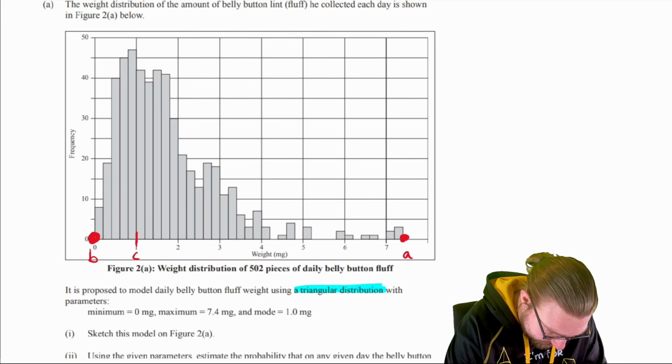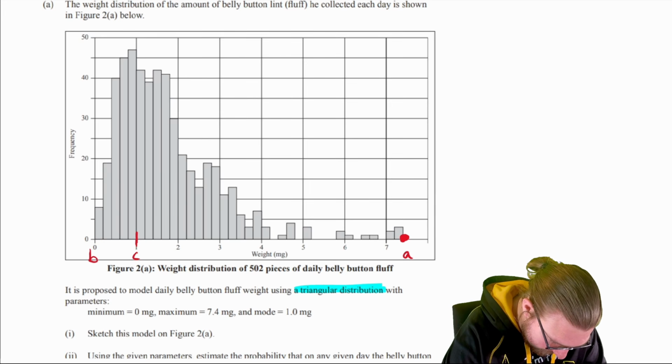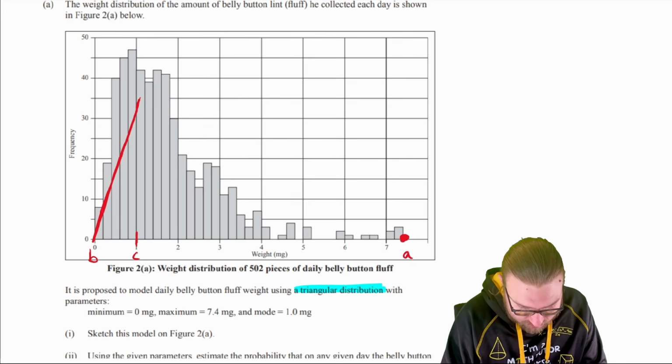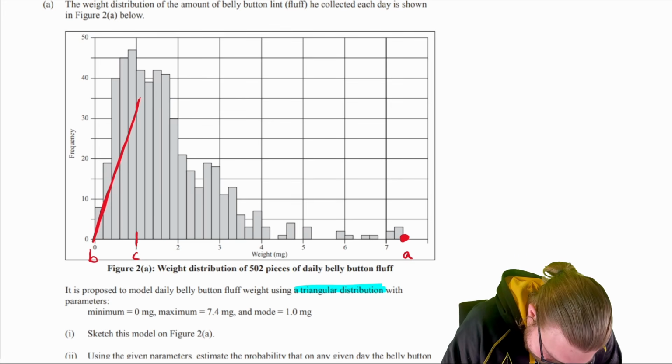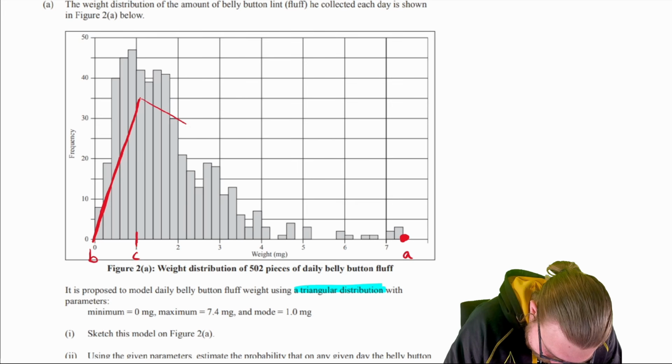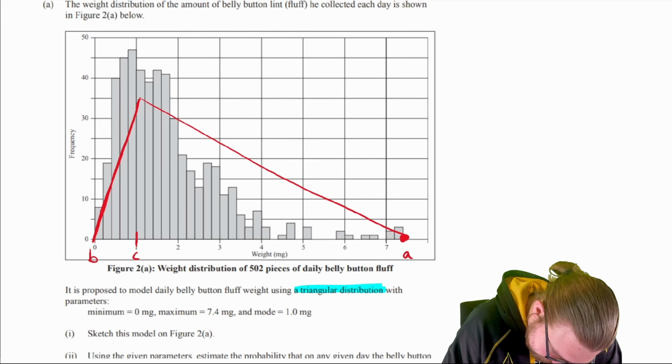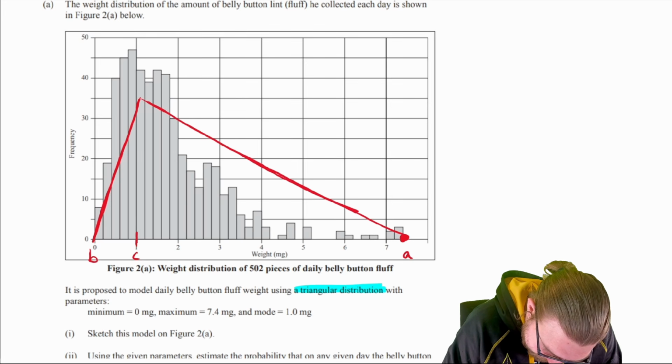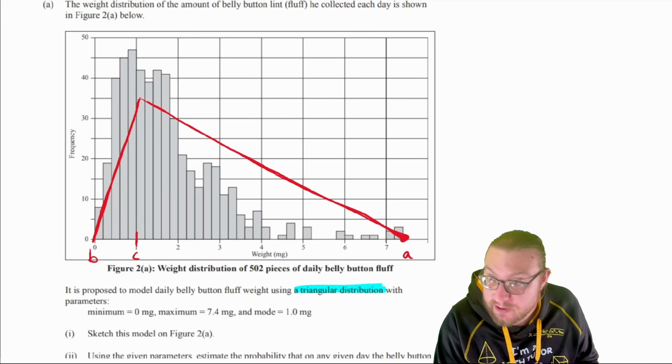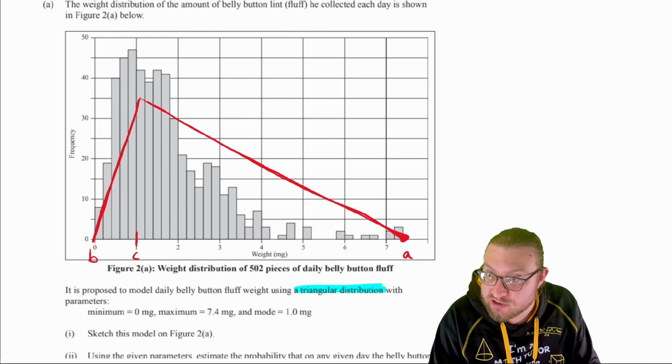So I guess we could do something like this. Maybe I'll cut this out. There we go. Yeah, so we have ourselves a triangular distribution.